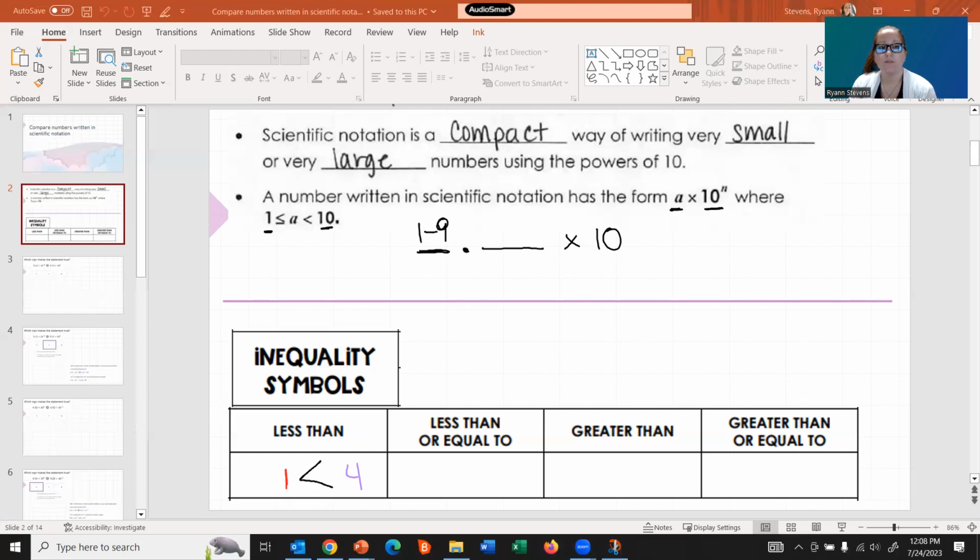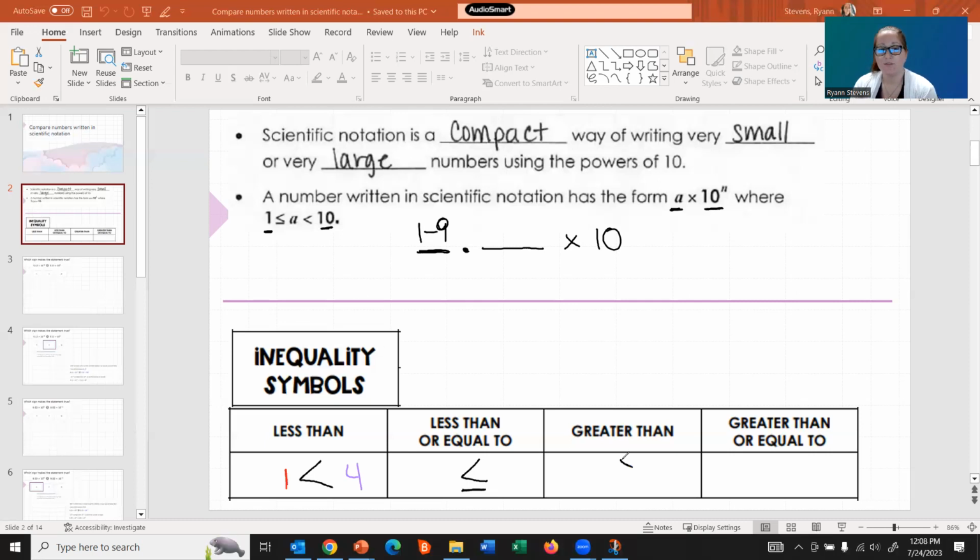So we would read this from left to right where it says 1 is less than 4. And so we have to remember the inequality sign, the opening is going to point to the bigger number. Less than or equal to is going to look very much the same, but in this case, you could have 1 is less than or equal to 1. So in this case, it's slightly different than just our less than sign.